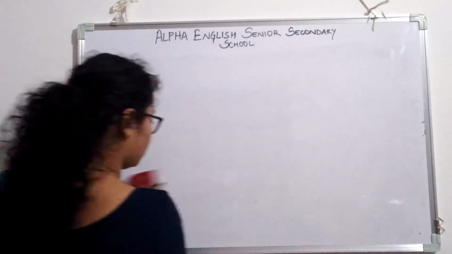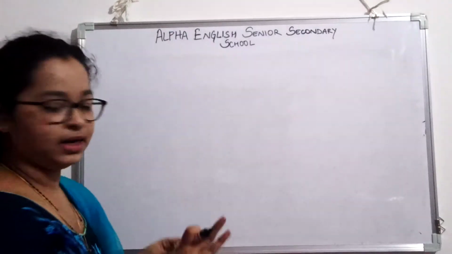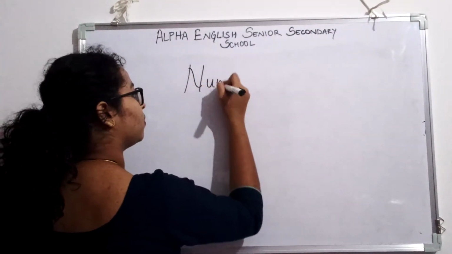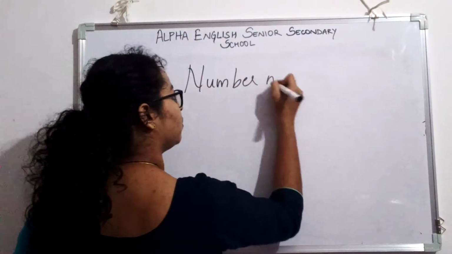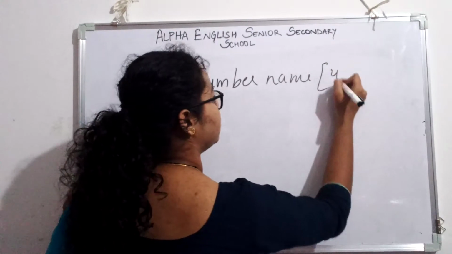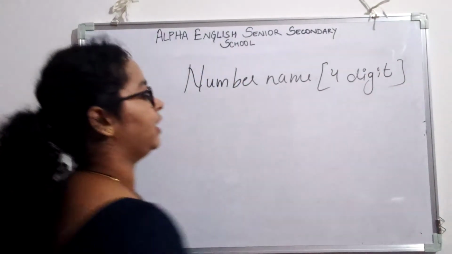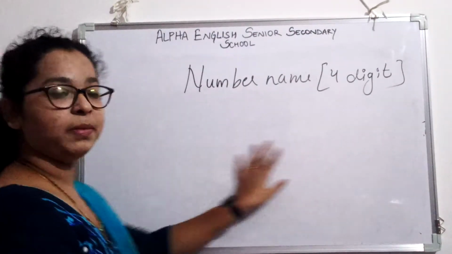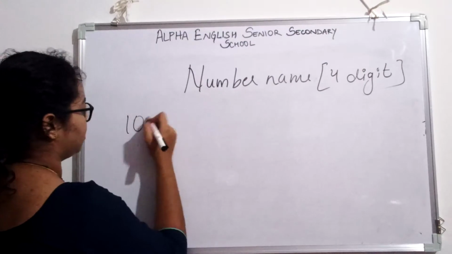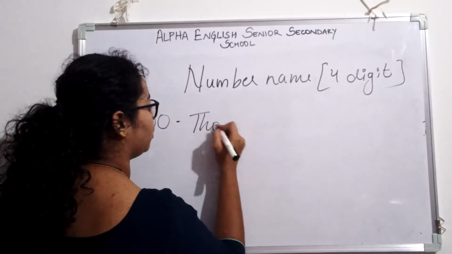So the first topic is number name for 4-digit numbers. What will be the spelling of 1000? Thousand is spelled as THOUSAND.